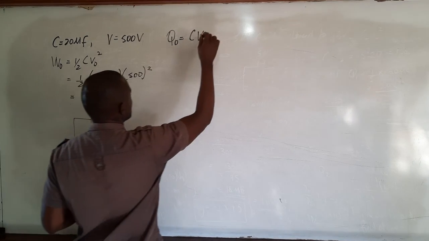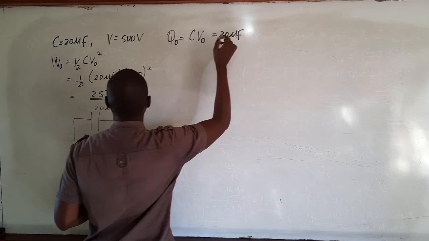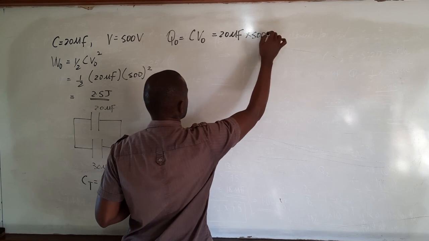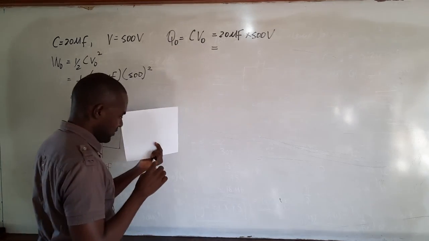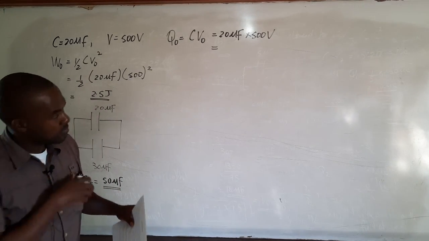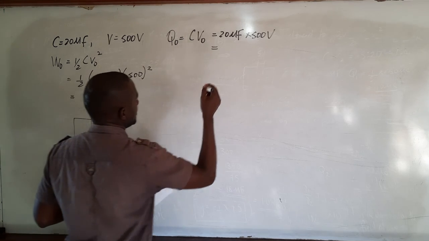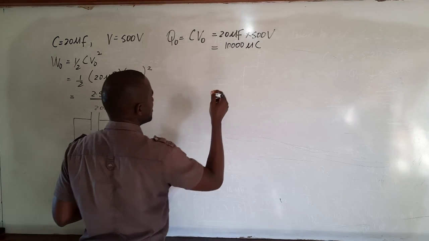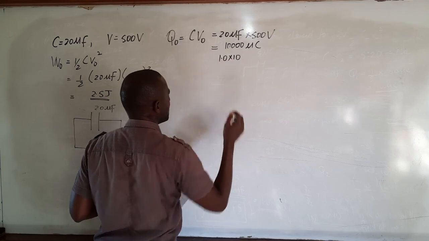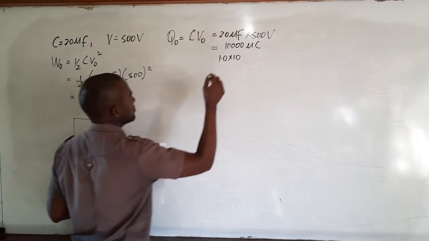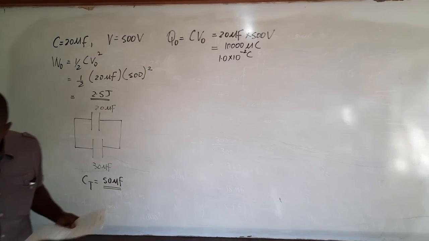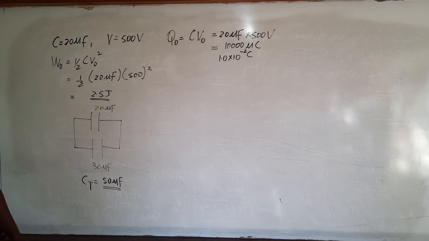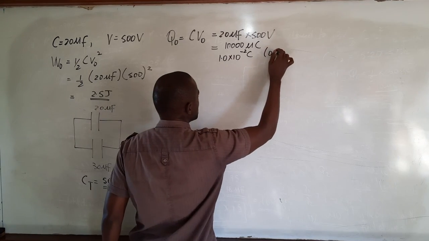And so this gives us 20 microfarads times 500 volts, which gives us 10,000 microcoulombs, or this is the same thing as 1.0 times 10 to the minus 2 coulombs, or 0.01 coulombs.